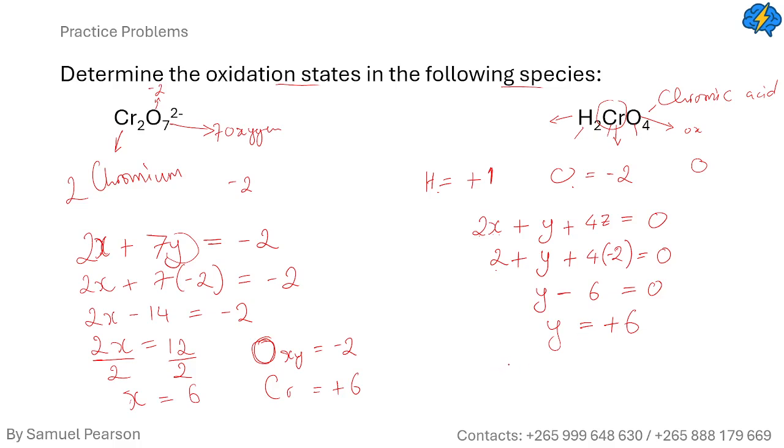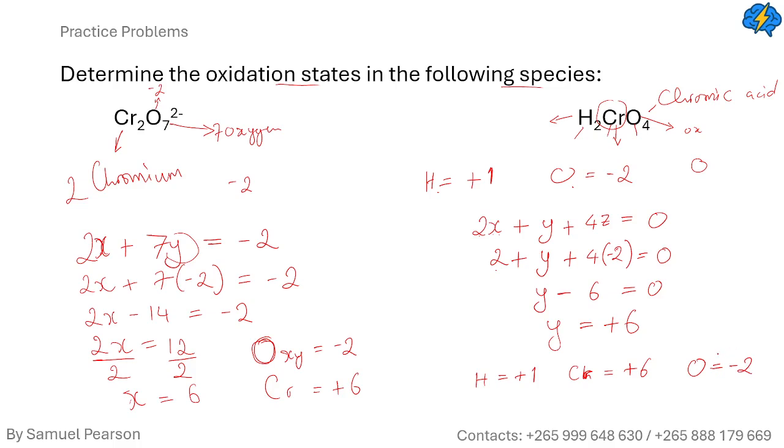We can summarize as hydrogen equal to positive 1, chromium positive 6, and oxygen negative 2.